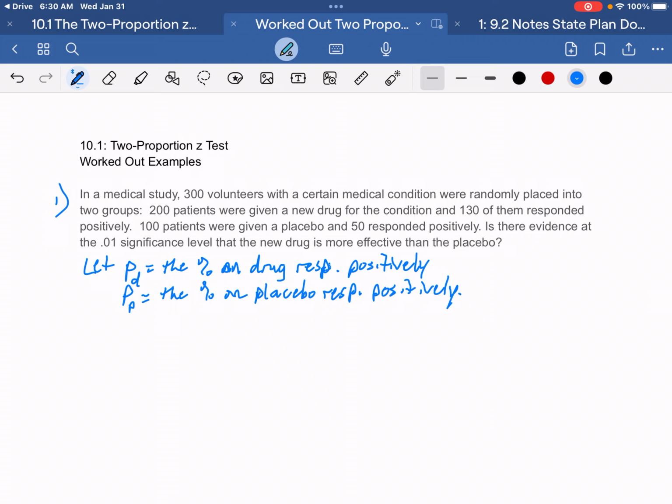So not that bad. You just have 2 parameters to define because you're comparing 2 populations to one another.